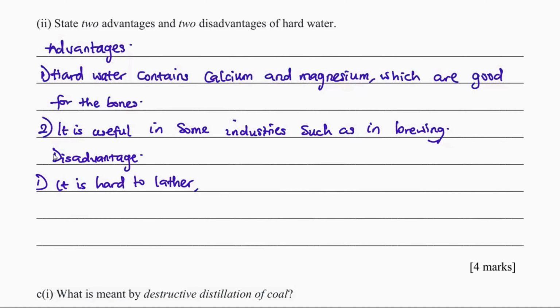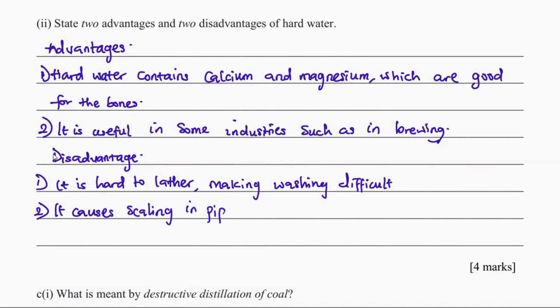So you have to use so much soap for you to be able to get all the foaminess from a soap that you want, making washing with hard water difficult. Now the second one is it causes scaling in pipes, okay, and boilers, reducing their efficiency.